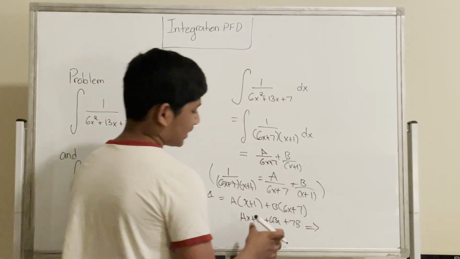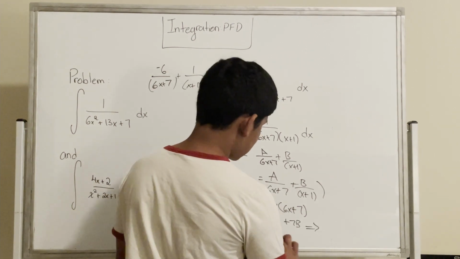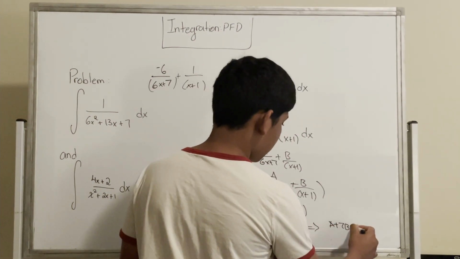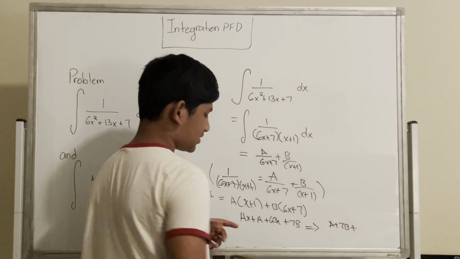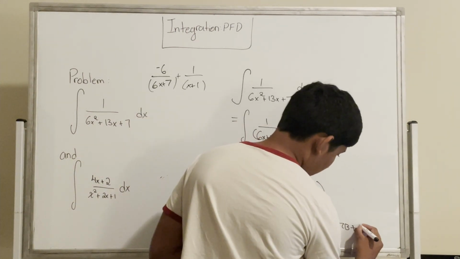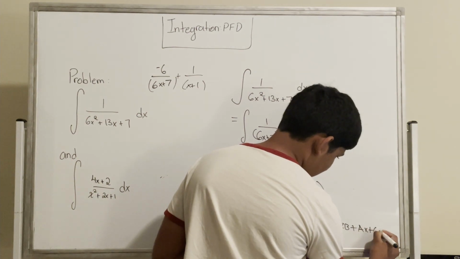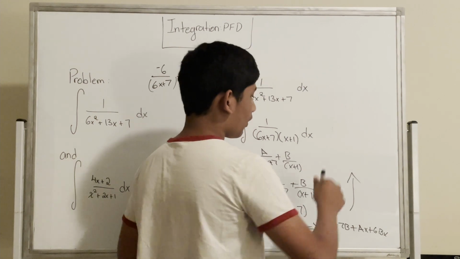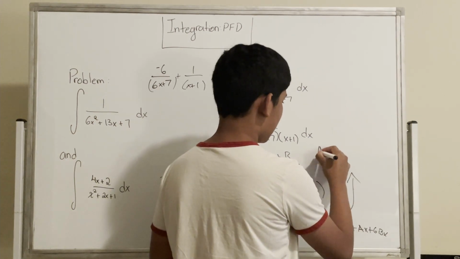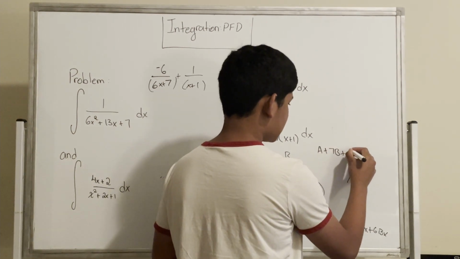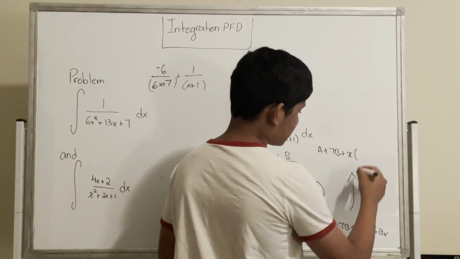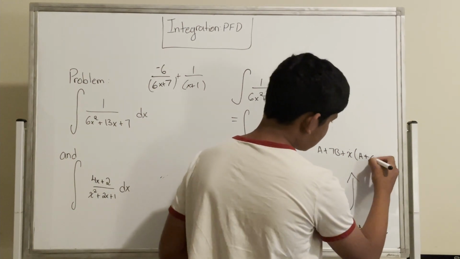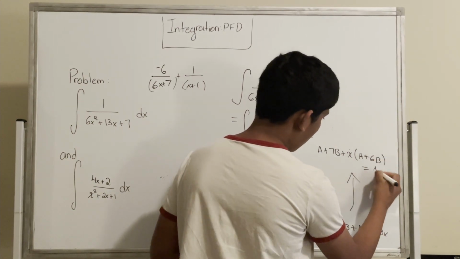So we'll just get a plus 7b, we'll group them, and plus ax plus 6bx. Now we can factor out the x's. So we got a plus 7b plus x times a plus 6b is equal to 1.